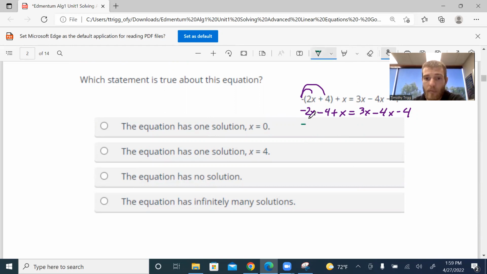This gives us negative 1x. We still have a minus 4 here. On the right side of the equation, we can combine this 3x minus 4x, since they both have x. You just combine the coefficients. So 3 minus 4 is negative 1x, and then minus 4.